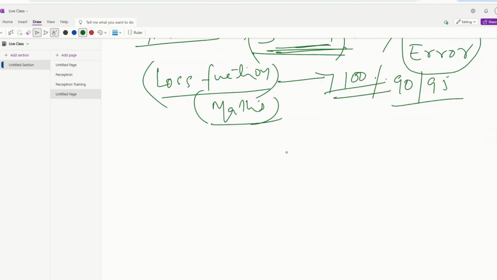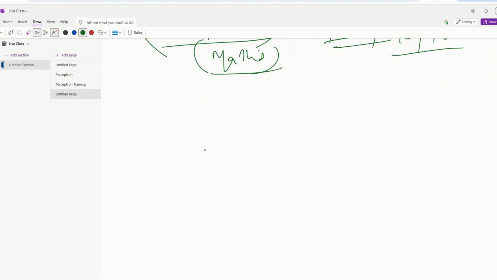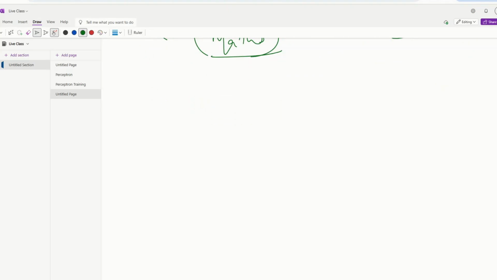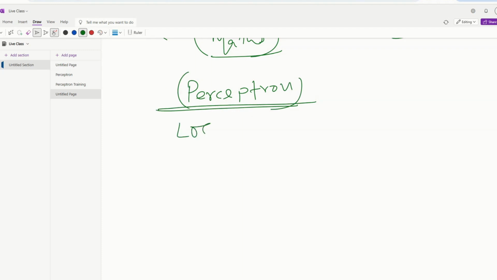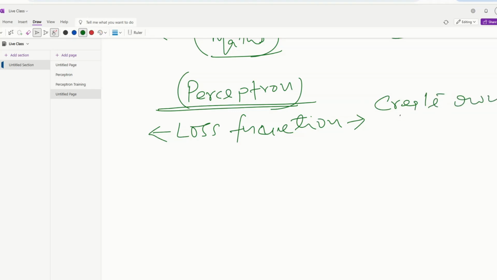Now, in this specific case which we are studying right now, the perceptron, I have already created a lot of videos about the perceptron. So in the perceptron case, what is the loss function? By the way, this loss function is pure math. If you understand math and graphs well, you can even create your own loss function.